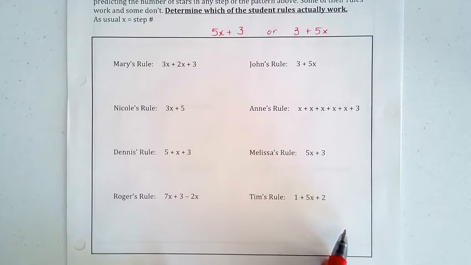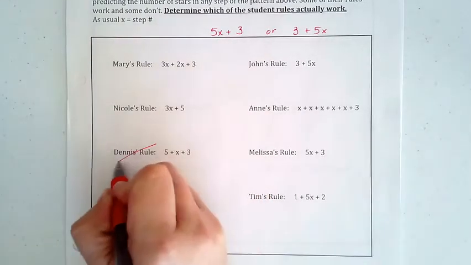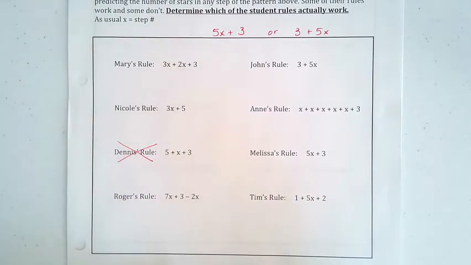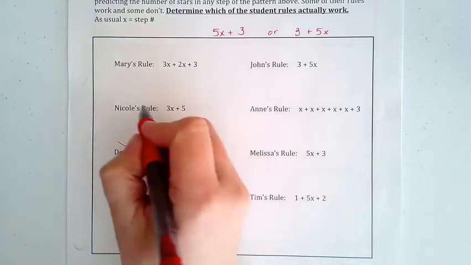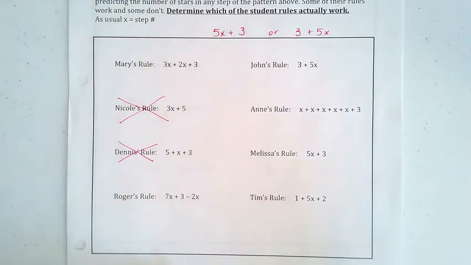Let's see, which one of these don't work? Well, it doesn't look like Dennis's rule works. It doesn't look like Nicole's rule works. And other than that, it looks like everyone else's rule works.